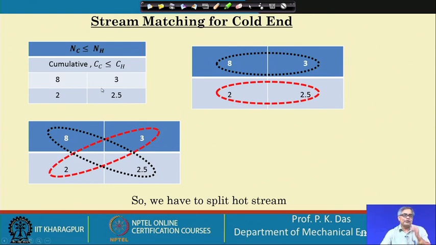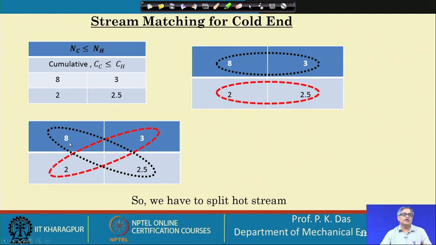Now, if I match 8 and 2, 3 and 2.5, what is happening? 8 is more than 3, this is good, but 2 is not more than 2.5. So, this is not good, we are not getting a solution over here.